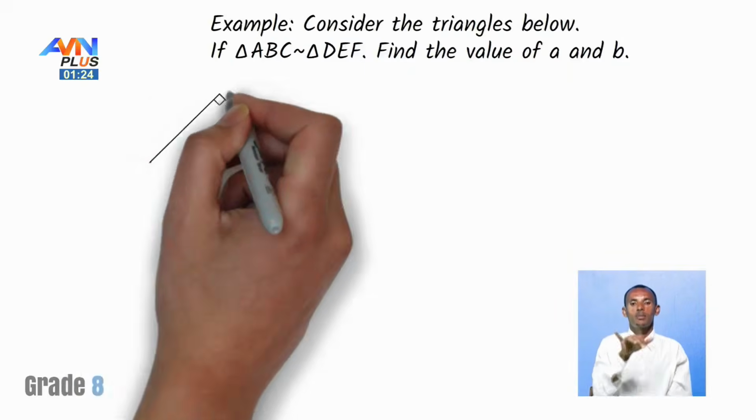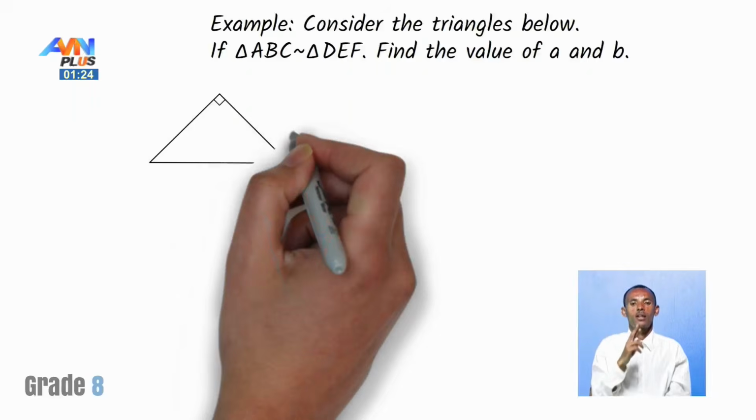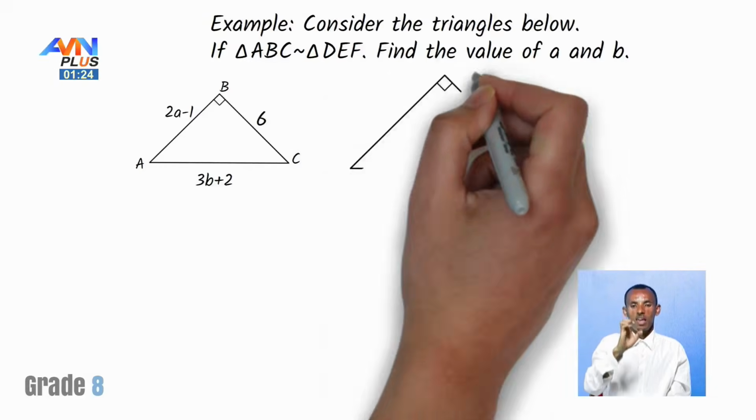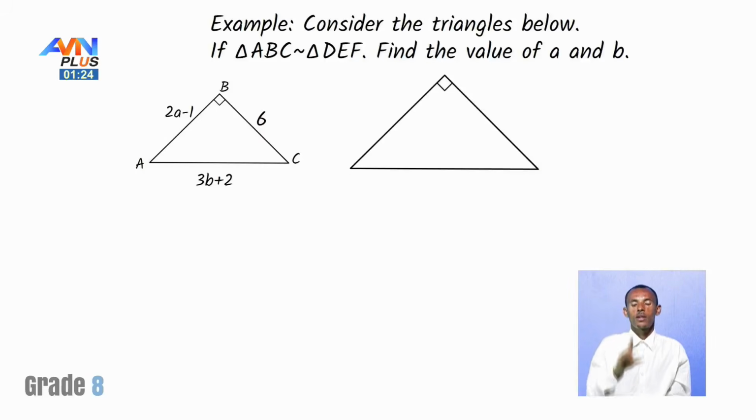Those triangles are triangle ABC. Say ABC is a triangle with sides 2A − 1 and 3B + 2, and this is, say, 6. Triangle DEF is a triangle with sides 10, 12, and 14.